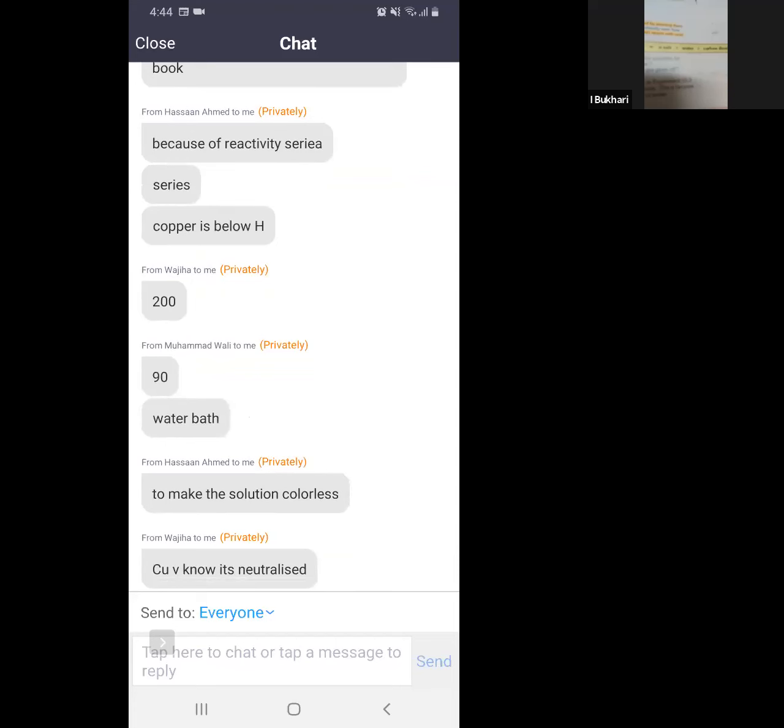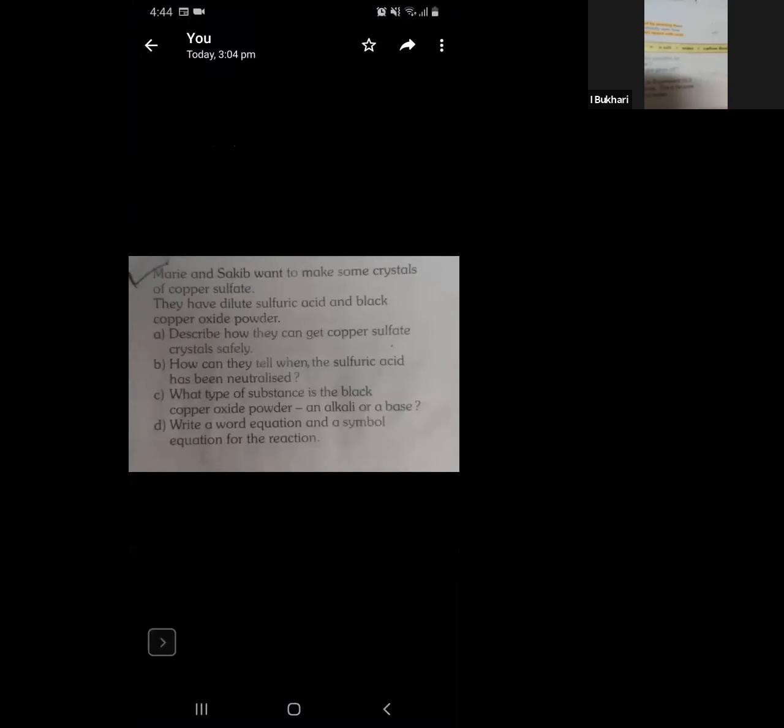Because that tells us that all the copper oxide has reacted, which means the neutralization reaction has completed. Now no more is reacting, so instead of reacting, it settles at the bottom. Good job.